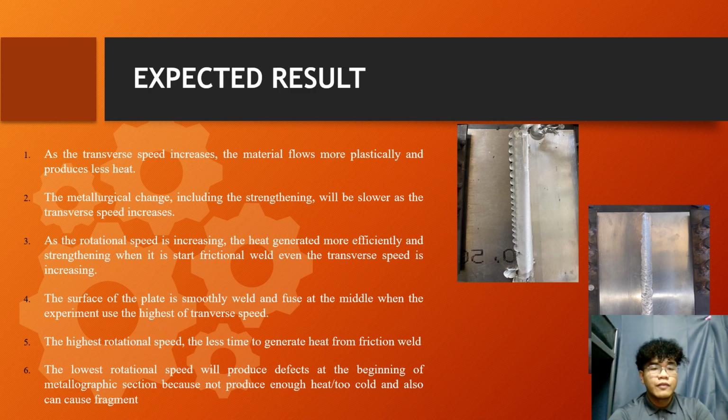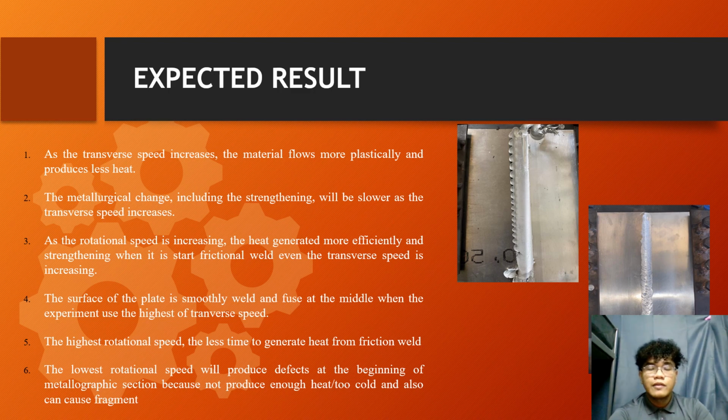For the fourth, the surface of the plate is smoothly welded and fused at the middle when the experiment uses the highest transverse speed. With the highest rotational speed, there is less time to generate heat from friction welding. The lowest rotational speed will produce defects at the beginning of the metallurgy section because it does not produce enough heat, and can also cause fragments.